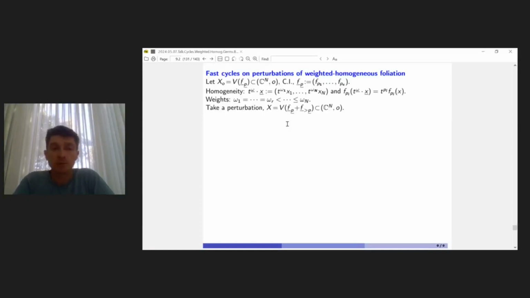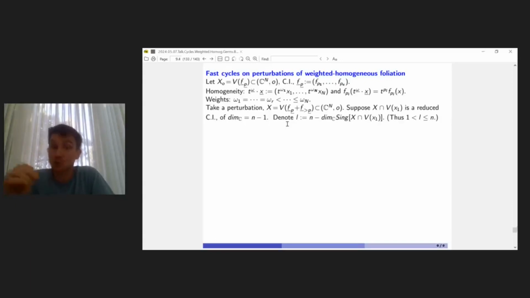And take some perturbation. Once again, the initial weighted homogeneous germ can have a non-isolated singularity. Now, suppose the perturbed germ has the reduced intersection with the hyperplane. It is a reduced complete intersection, but still it could have a non-isolated singularity.